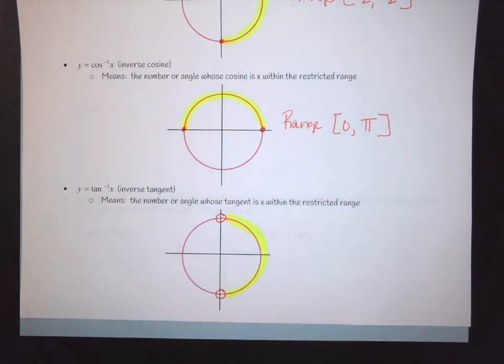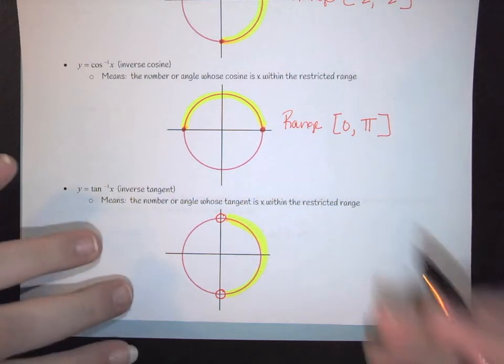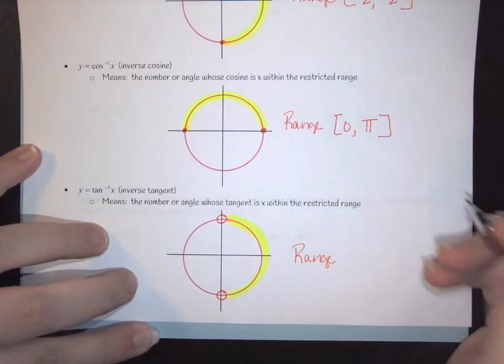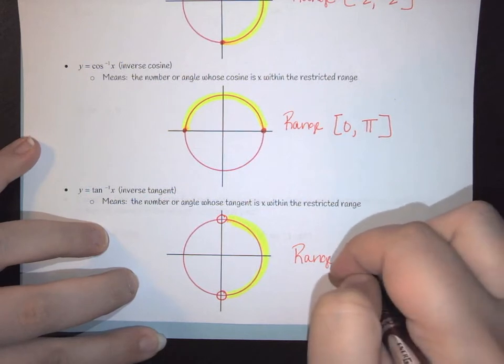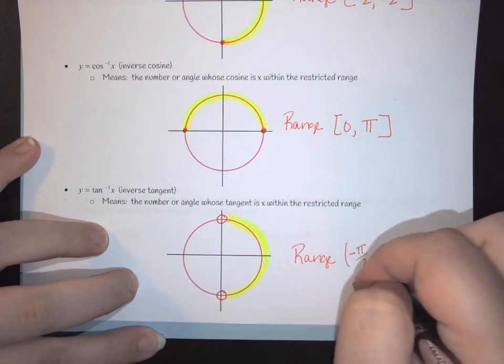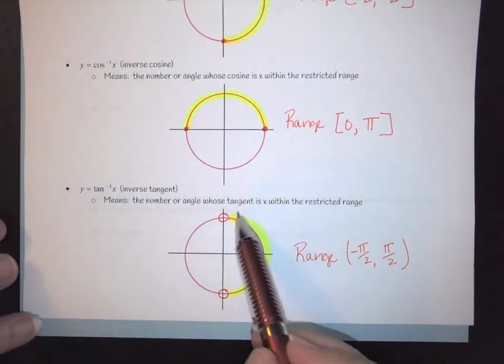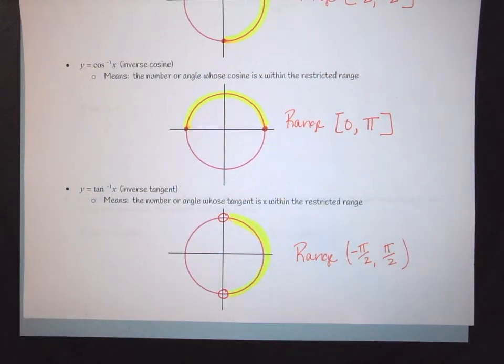Only notice we have these open circles here. So when we have our range, we use parentheses to show that it is not included at pi over 2 in the positive or negative, but that this is the restriction that we are working with.